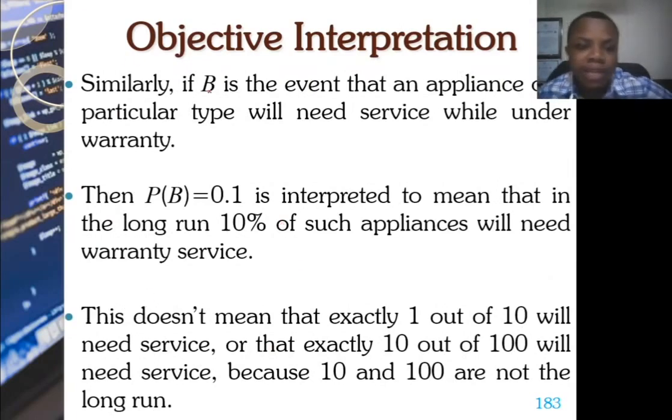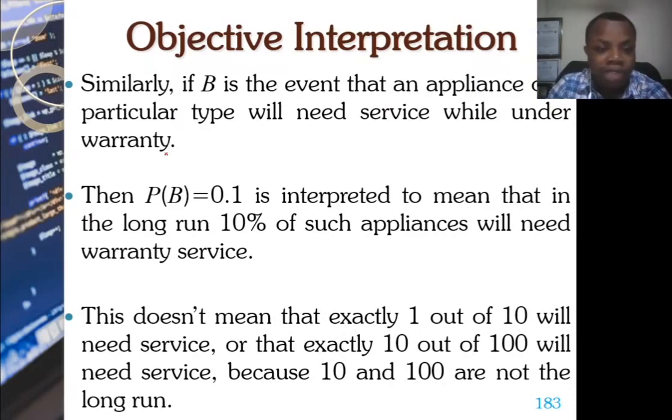Now similarly, we can think of an event B that an appliance of a particular type will need servicing while under warranty. Now we've been buying so many appliances, electronic gadgets from the store, and if you are able to visit a reputable store, you are likely to get a warranty.